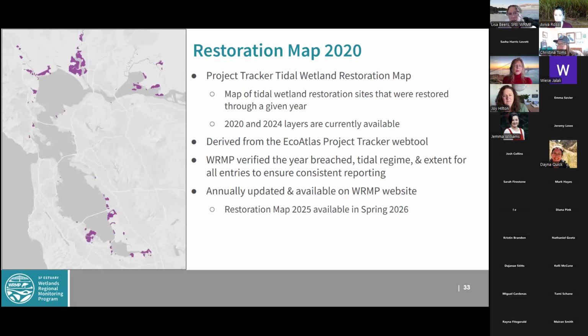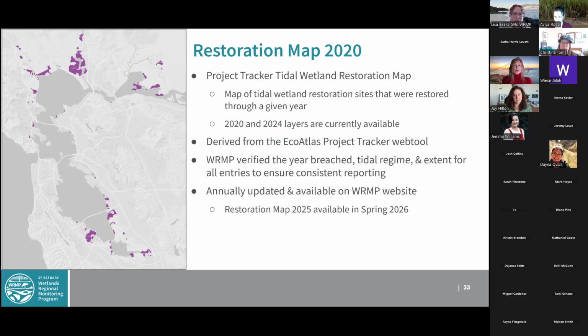So last year, we also rolled out the restoration map, and particularly for the profile tool, we're using the map that represents conditions in 2020. This map is derived from user-generated inputs to the EcoAtlas Project Tracker web tool.